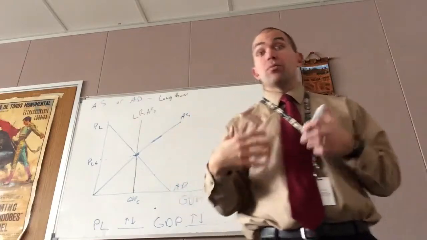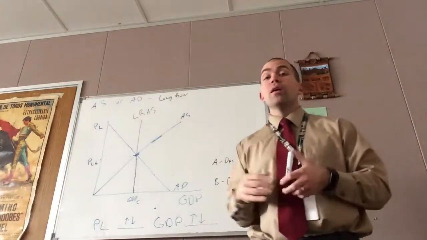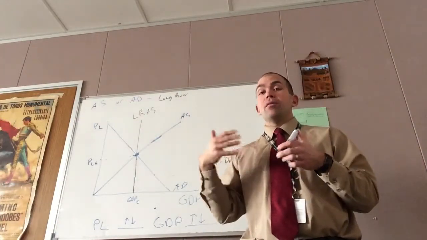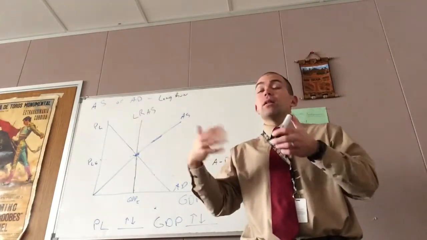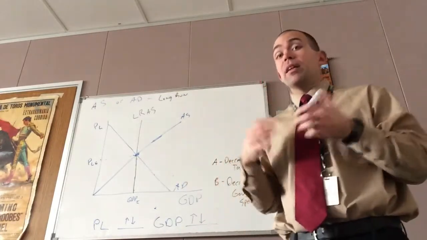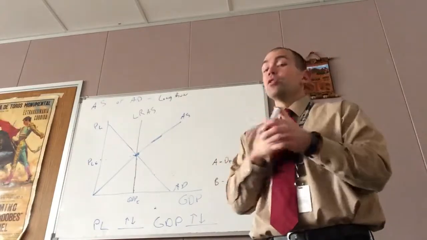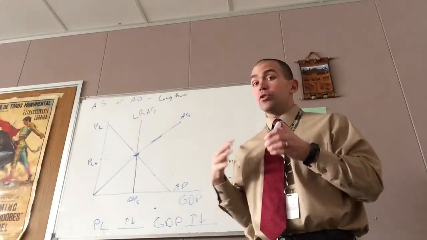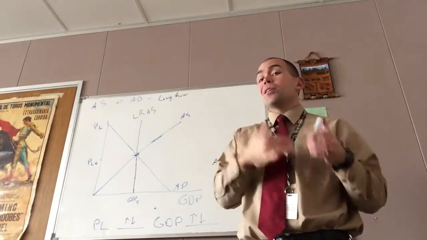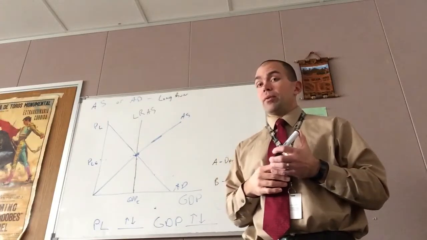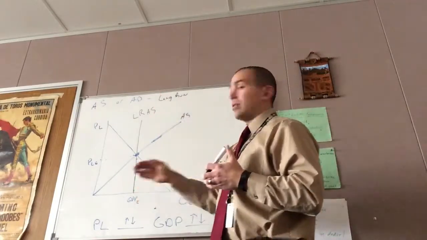In order for the economy really to grow, you need to invest in more things to become more productive. So in the short run, you can increase your GDP, but it's going to return back to long run equilibrium. So everything goes back to this line.